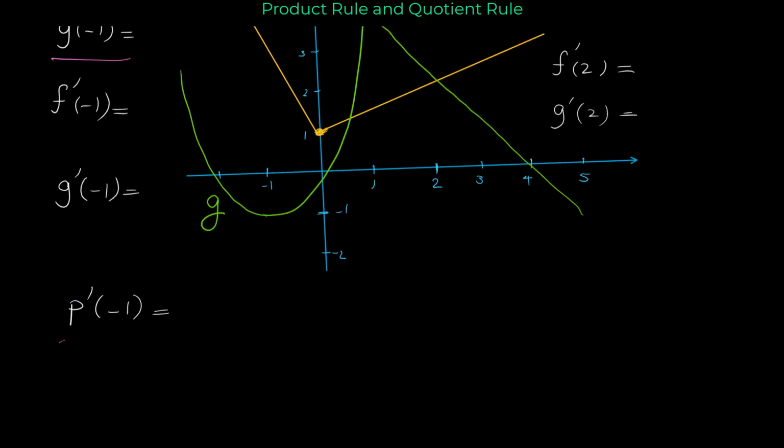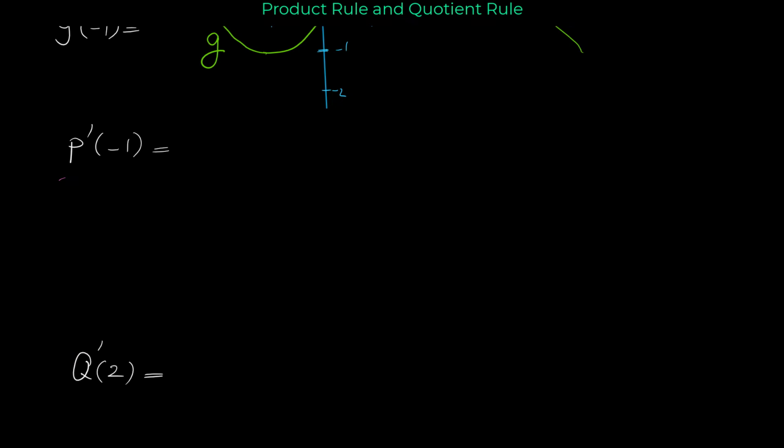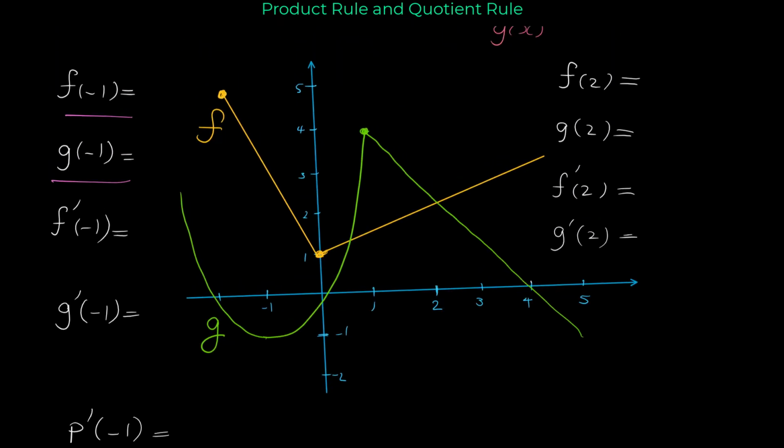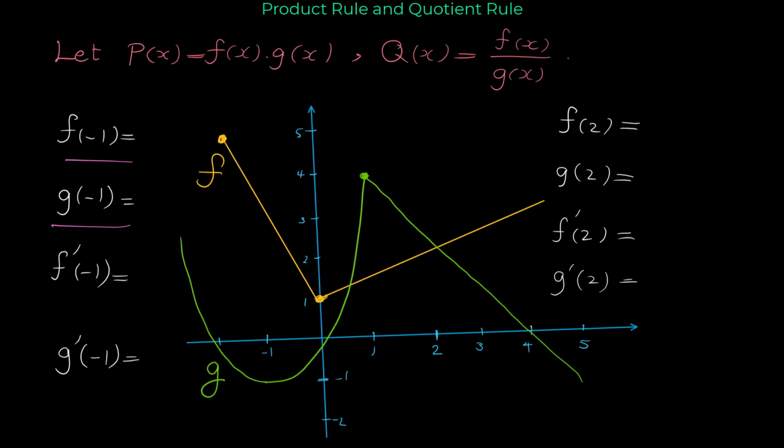So let's start answering these questions. First, we want to find what is f of -1. Look at the graph of function f and we have to find the value of the function f when x is -1.